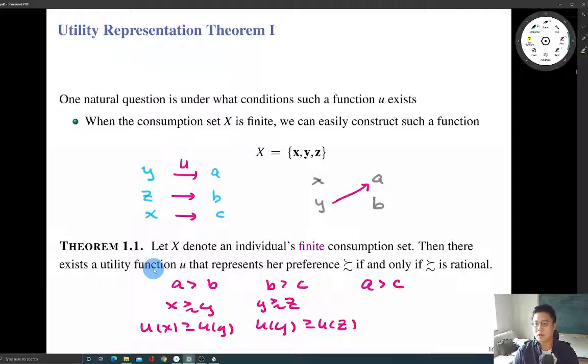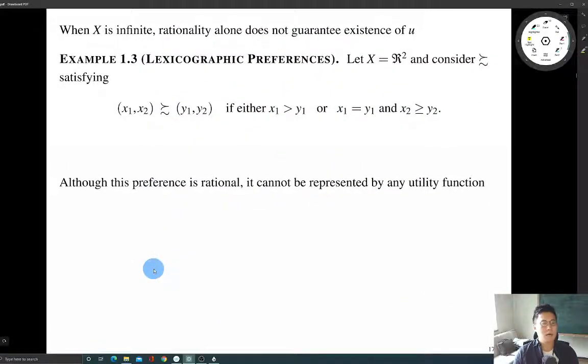Rationality alone guarantees the existence of U. But if we go beyond a finite consumption set, so if we consider an infinite number of bundles, then rationality alone does not guarantee existence.